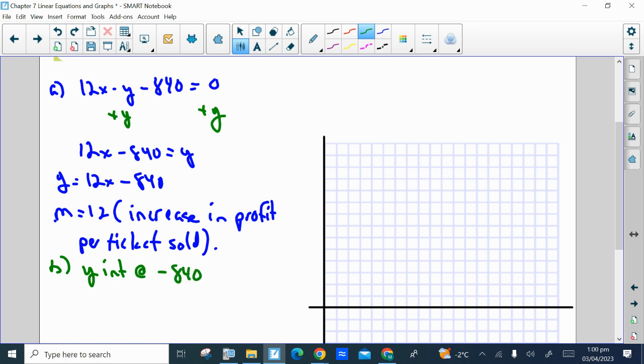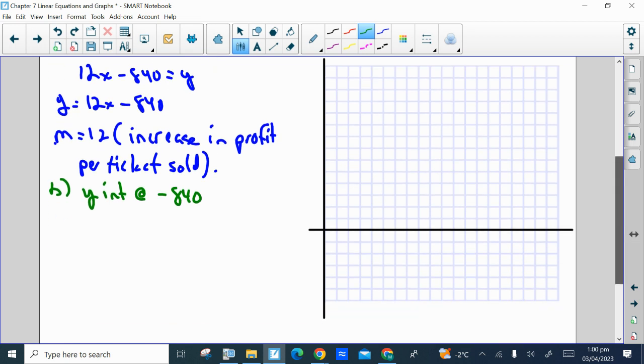So this would represent their profit if 0 people buy tickets, which means that they would lose $840 if no one buys a ticket, which means that this would be the cost of renting the hall. So this is the profit if no tickets are purchased.